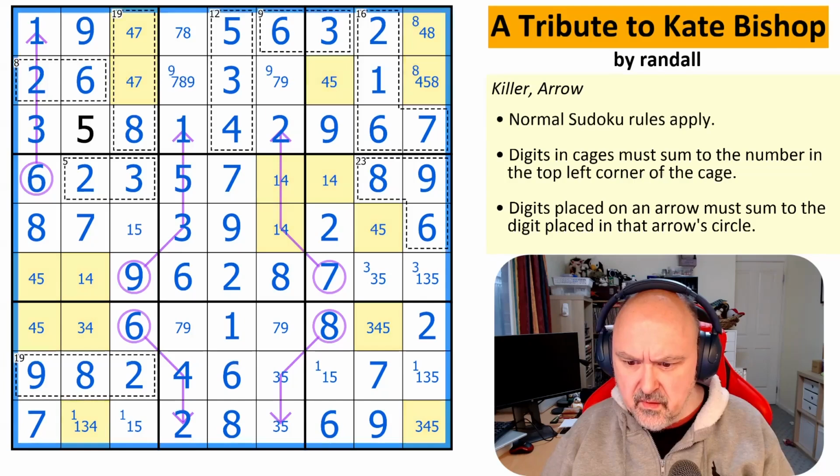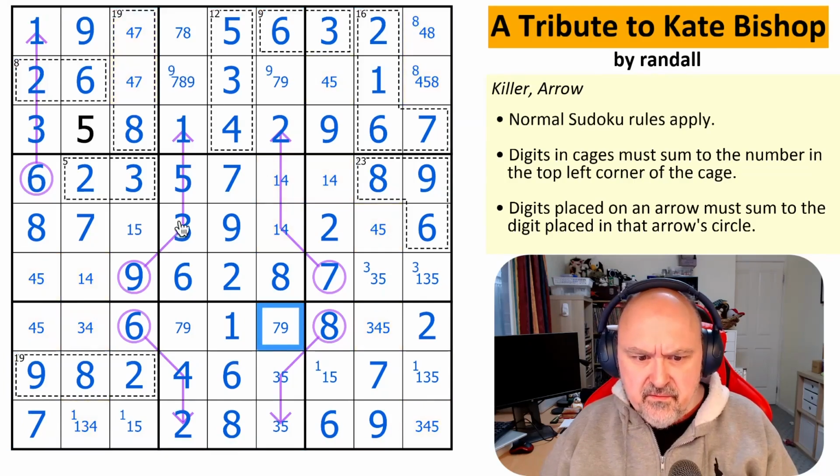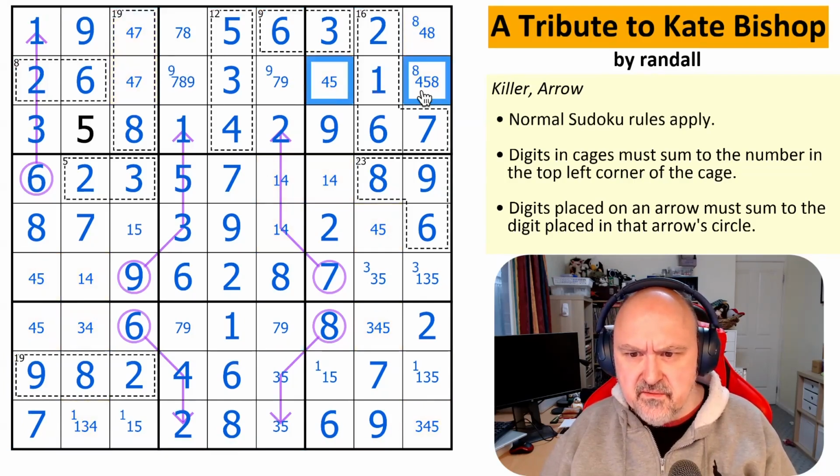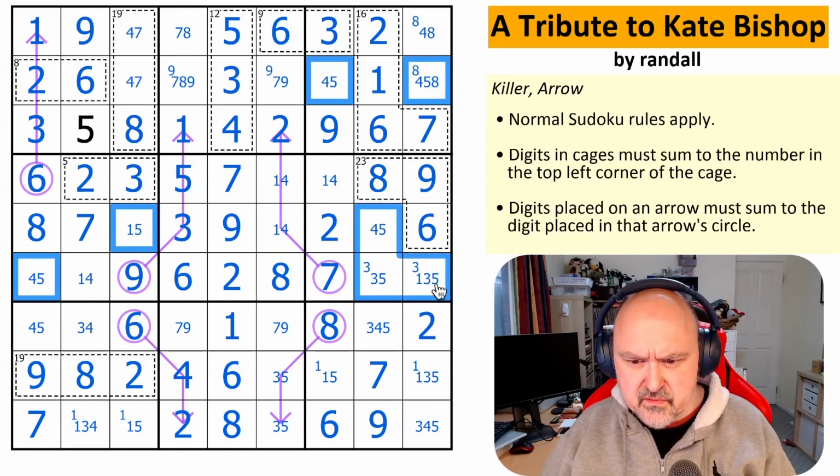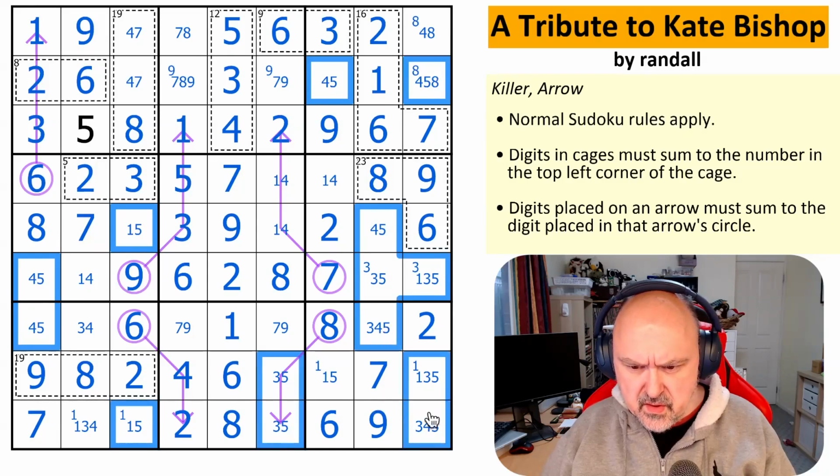5s. 5s are in one of those two, one of those two, one of those three, one of those two, and one of those.